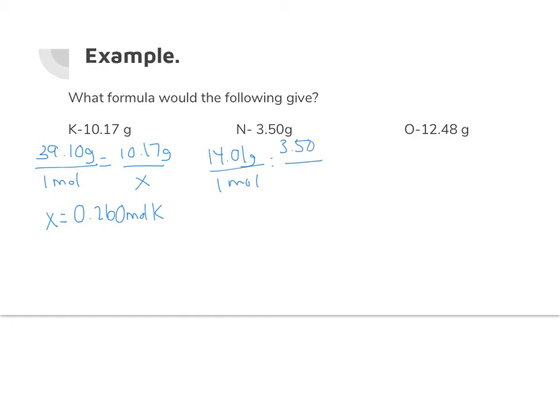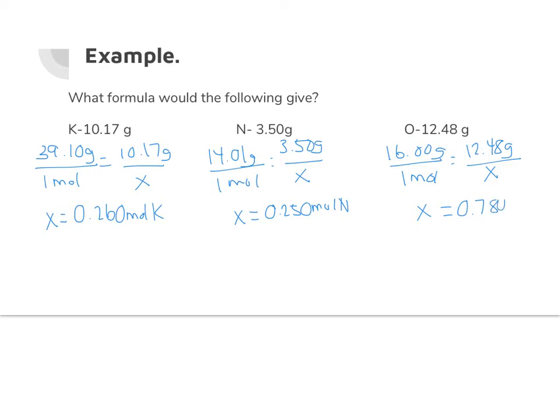Again, we have 3.50 grams, so we want to figure out how many moles that is. We solve for x, and we will see that we have 0.025 moles of nitrogen. For the last one, oxygen, the molar mass is 16.00 grams per 1 mole. We have 12.48 grams, and when we divide, we end up with 0.780 moles of oxygen.